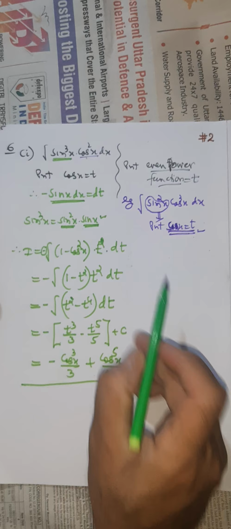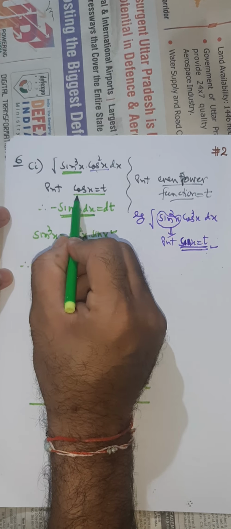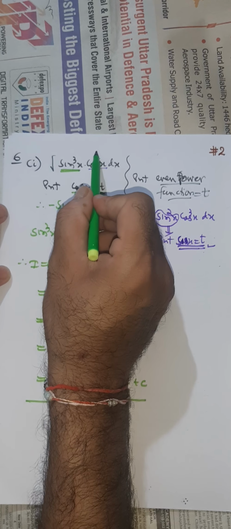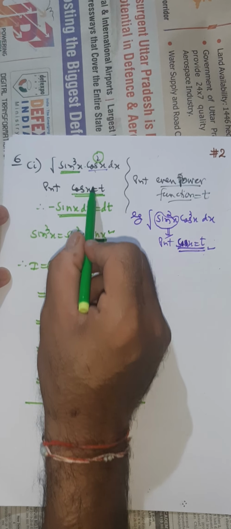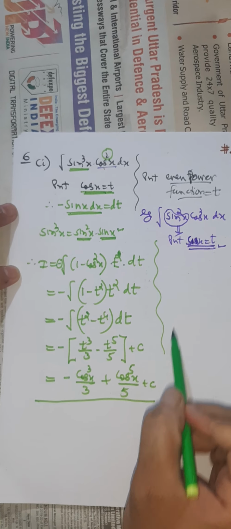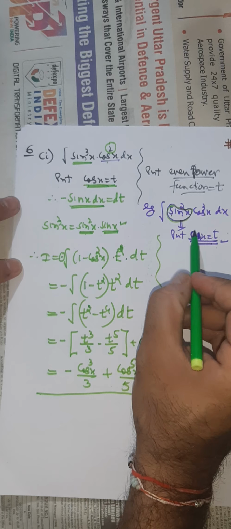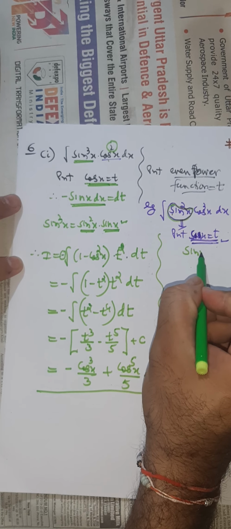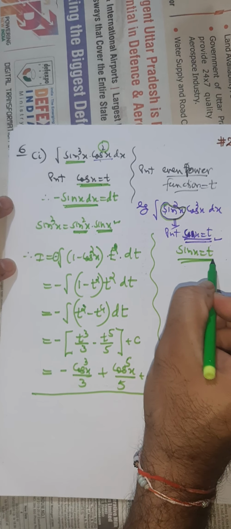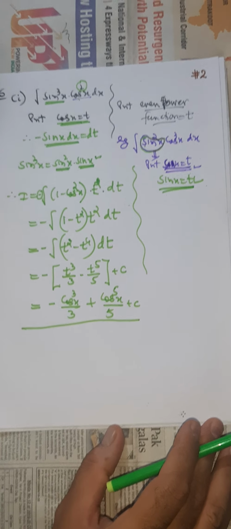Again, repeat: if you have even and odd power, you take the substitution equal to the function whose power is even. So here I chose cos x equals t. When you have this function, which function has even power? That's sine. So I'll put sin x equals t, remember, and then you can continue as I did here. So that's why it is important.